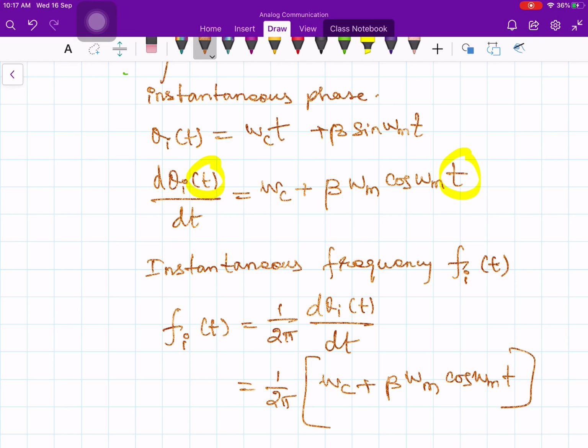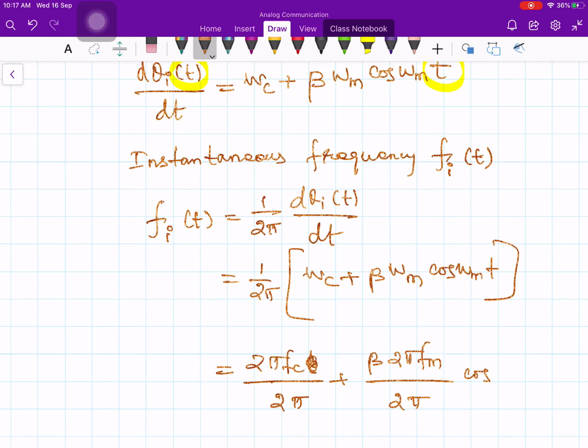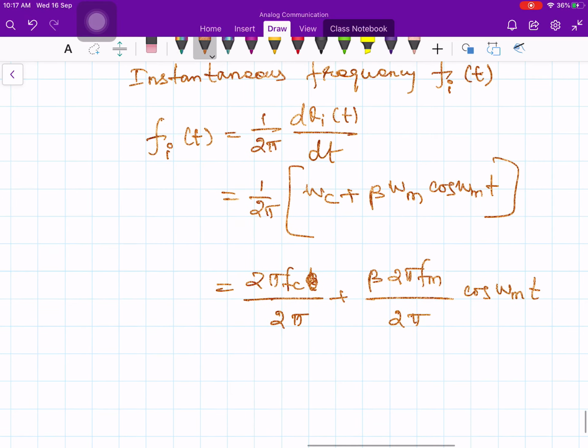Now rearrange this: 2 pi fc divided by 2 pi plus beta times 2 pi fm divided by 2 pi cos of omega m t. 2 pi will get cancelled. So fc plus beta times fm times cosine omega m t.